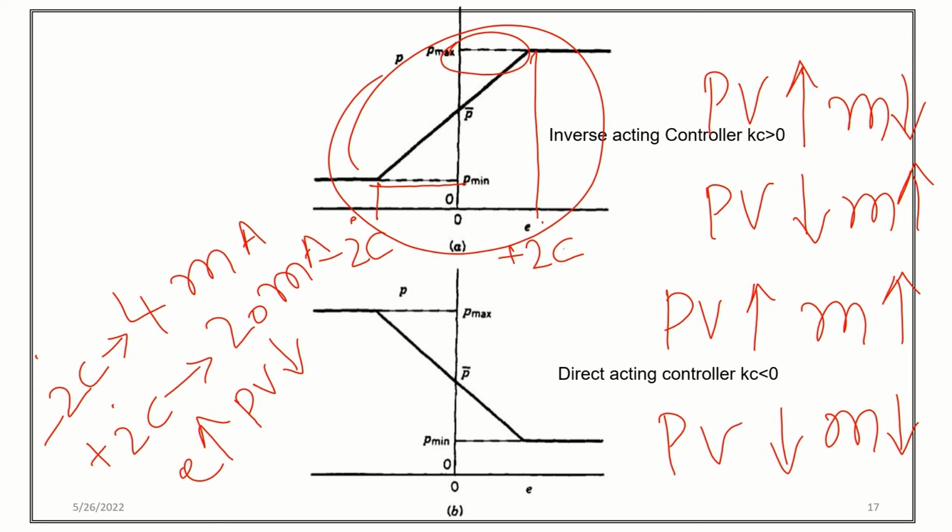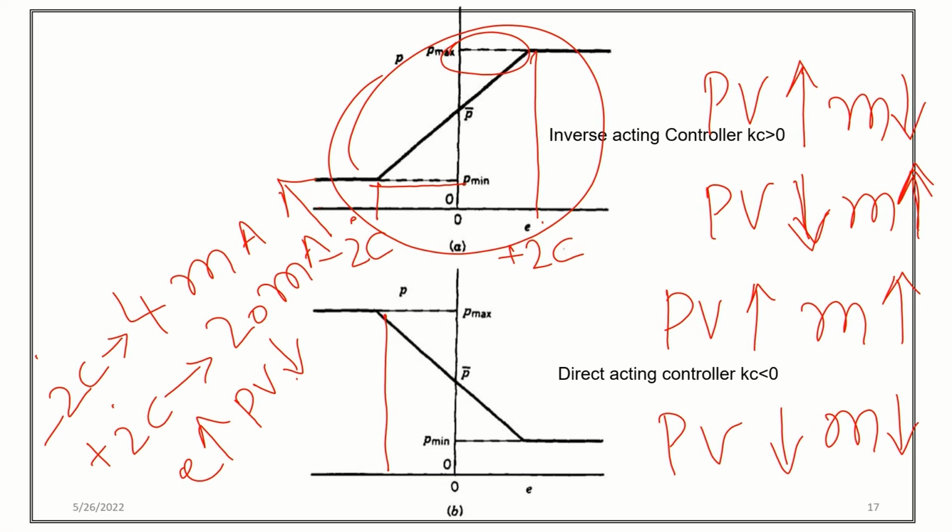So when process variable decreases, what happens to the controller output? Controller output increases from 4 to 20 milliampere. So decrease action, I already told you, is called an inverse acting controller. So this one is called the inverse acting controller or positive gain controller.